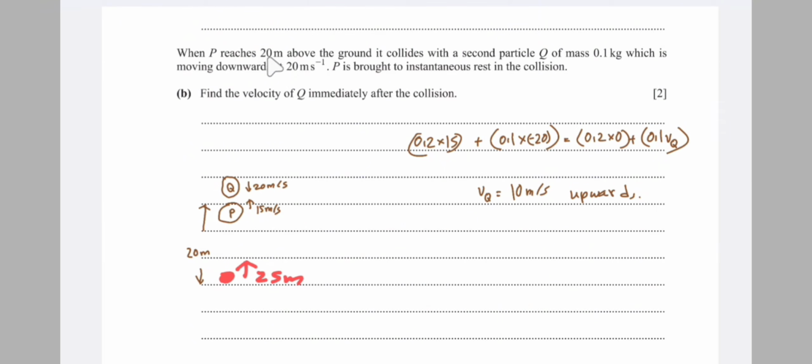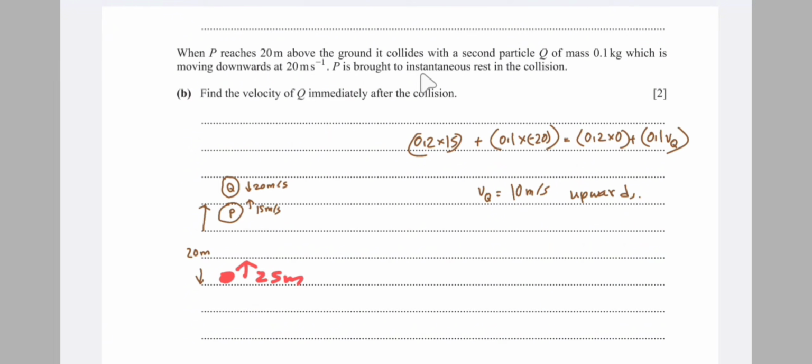Now, when P reaches 20 meters above the ground, it collides with the second particle Q of mass 0.1 kg, which is moving downward at 20 meters per second. So Q is moving downward at 20 meters per second, and this occurs at the 20 meter height.